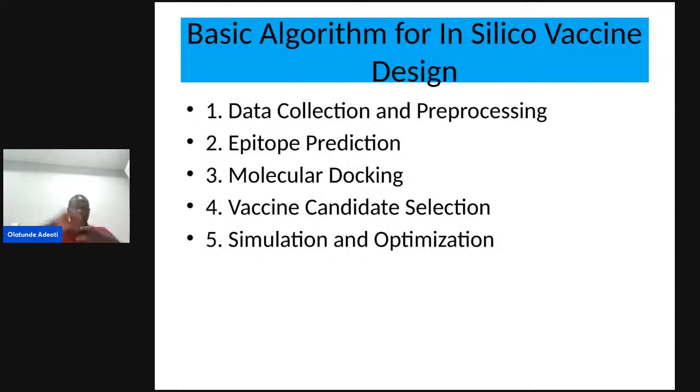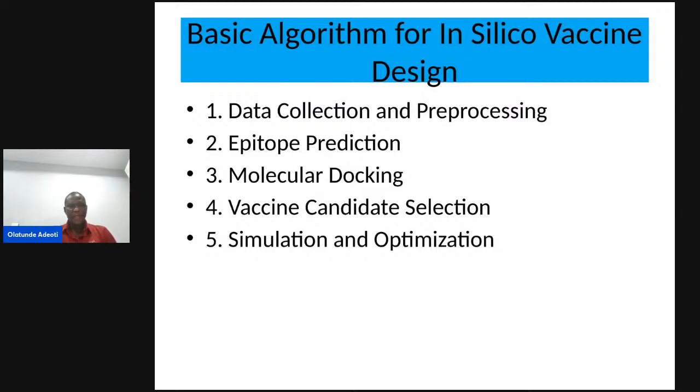We are going to simulate the immune system of the host, so that it's going to predict how the vaccine is going to react in the immune system of the host. So this level is the level you are going to make use of GROMACS and some others. There are different types of this. You are going to make use of that.